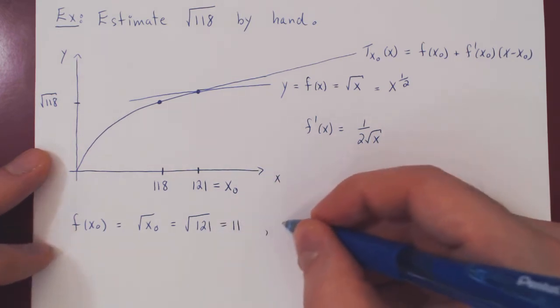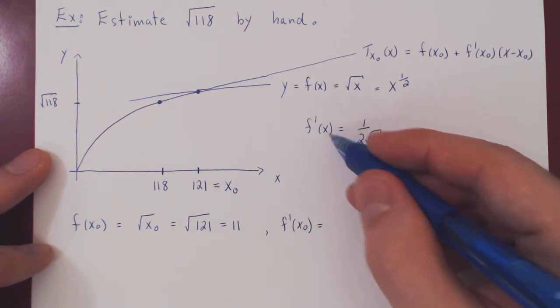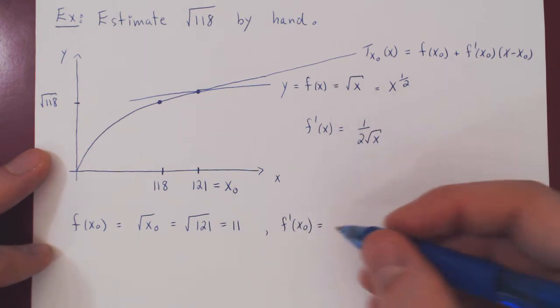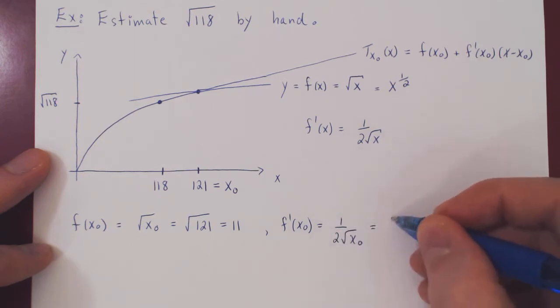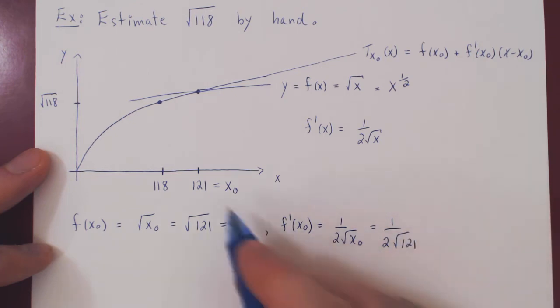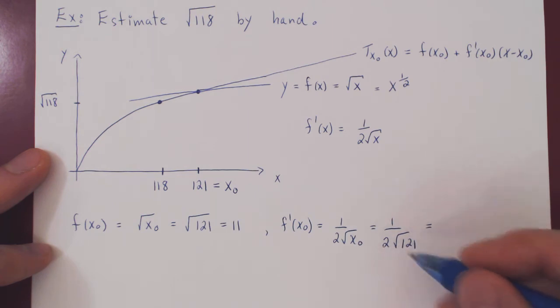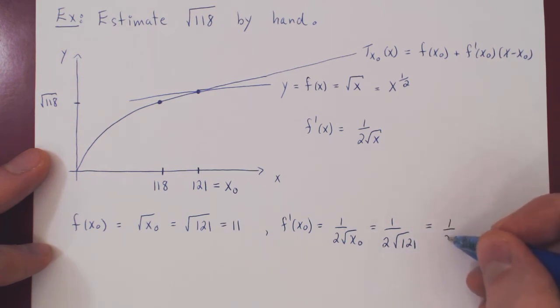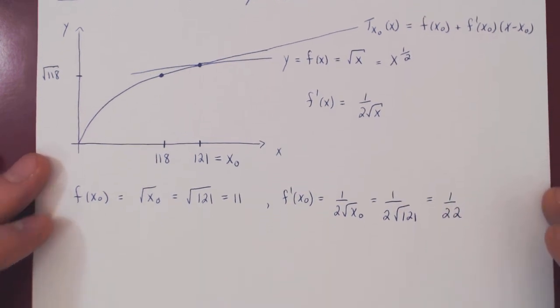Well, what is now f prime at x0? Well, it is 1 over 2 the square root of x0. 1 over 2 times the square root of 121. The root of 121 is 11. 2 times 11 is 22, so 1 over 22. Now we can plug it in and we'll have the equation of our tangent line.